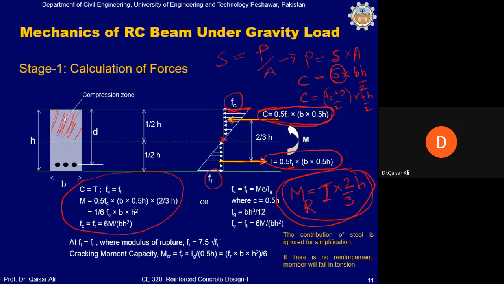This will give us this MR. However, if we place reinforcement in the beam, this T will not only come from concrete, it will also come from steel. So T will be combined tension from steel and concrete, and in this way MR will be increased. When MR is increased, we say that flexure capacity is increased. The flexure load carrying capacity is increased because M is bending moment.